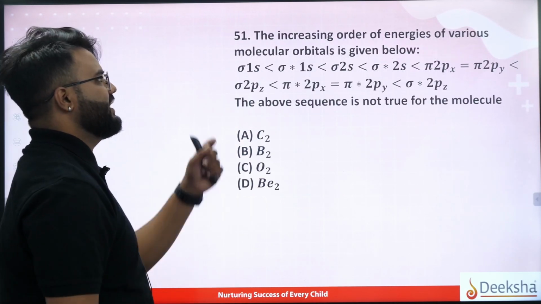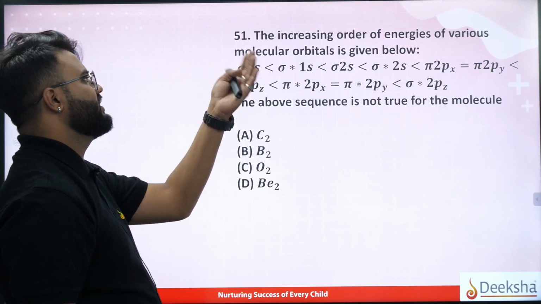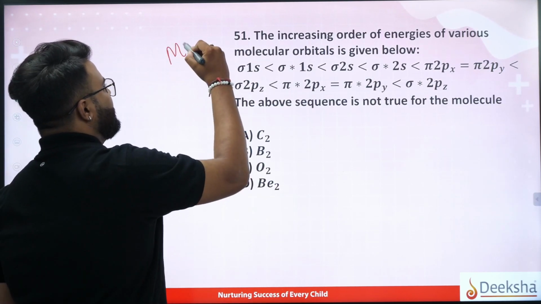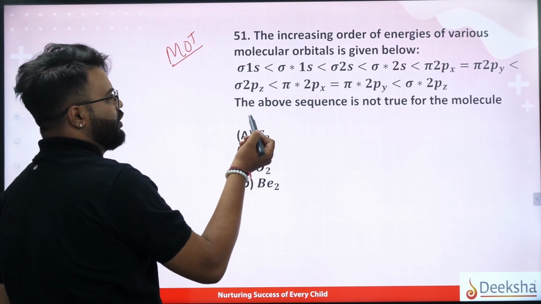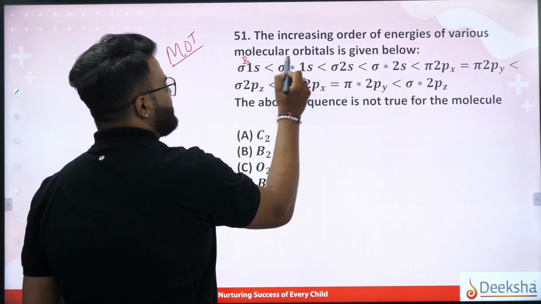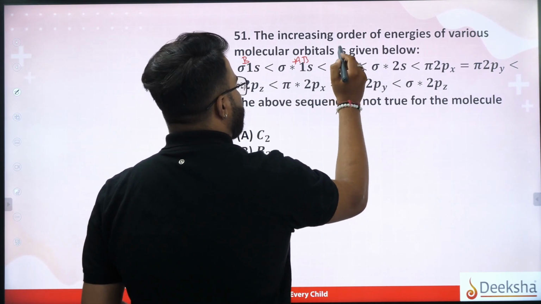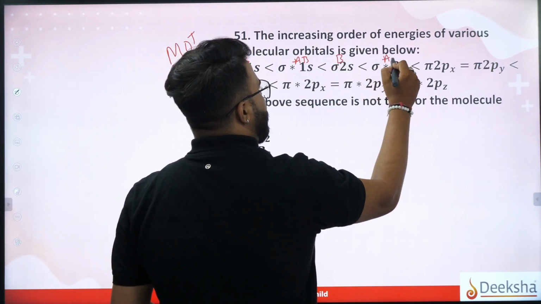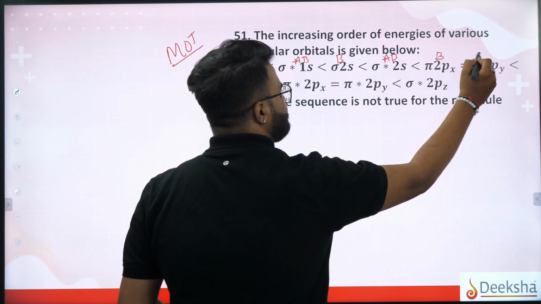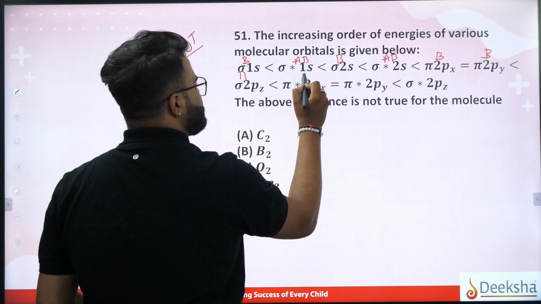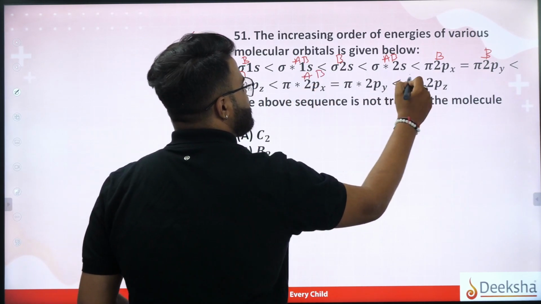Question number 51, the increasing order of the energies of the various molecular orbitals is given by, these are MOT questions. Here this is bonding, this is anti bonding, it is in the correct increasing order. Again this is bonding, this is anti bonding, this is also bonding, and this is anti bonding.